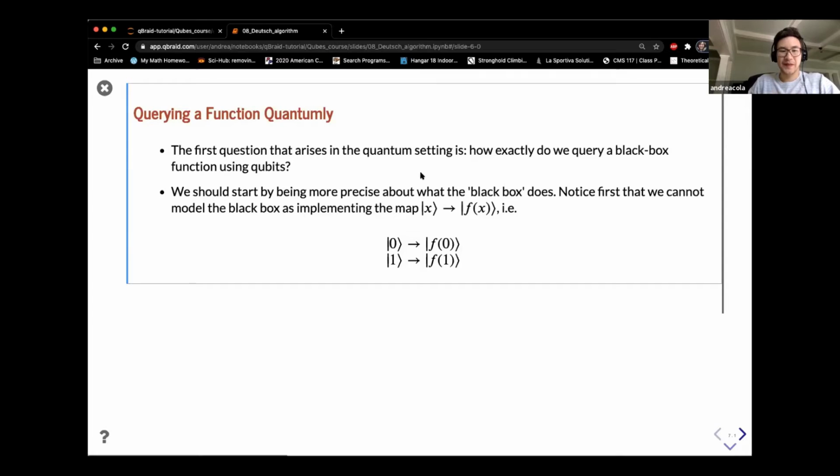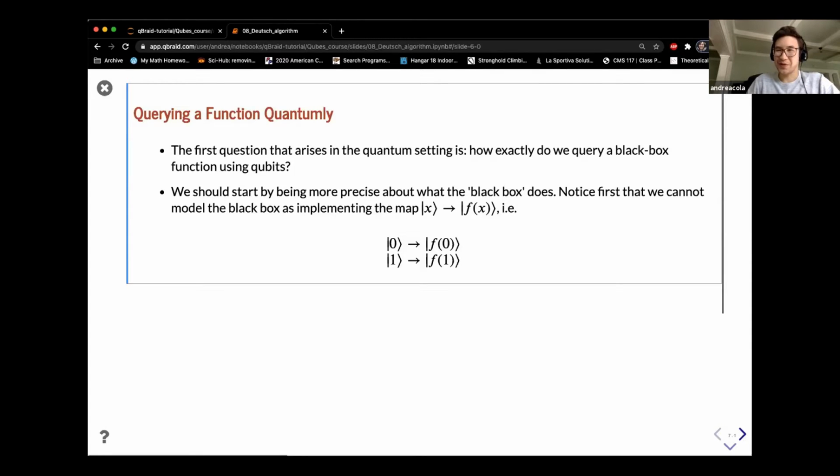So, querying a function quantumly. When we talked about the classical version of the problem, we were saying you have this black box on your table, you can input some value and it will give you f of that value.